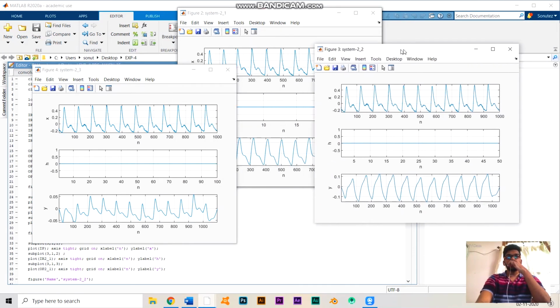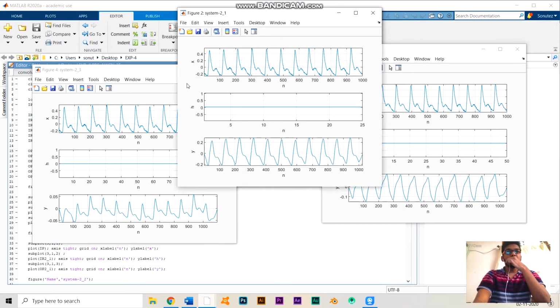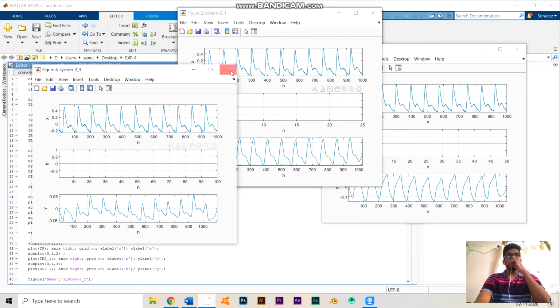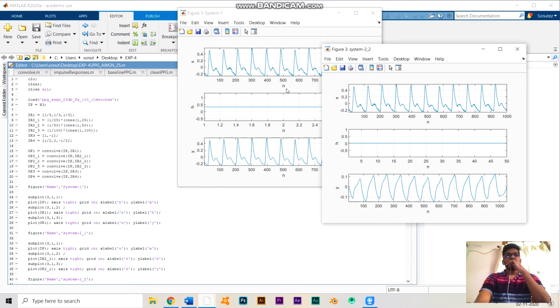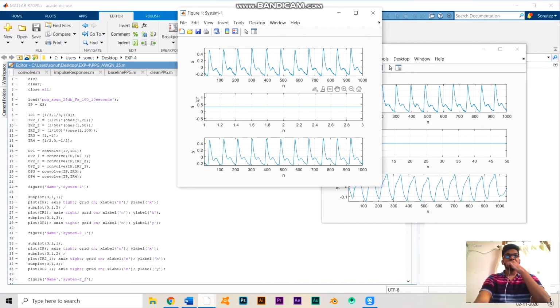These three are for system 2 when m equal to 25, m equal to 50, and this one is for m equal to 100. And this figure is for system 1. This is the impulse response of system 1, and this is the output we get when we convolve the input signal and the impulse response of this system.